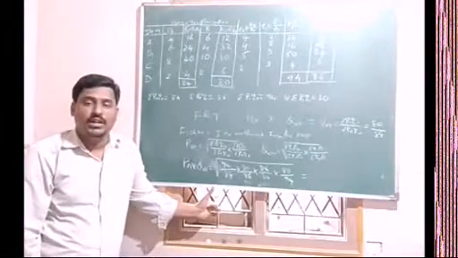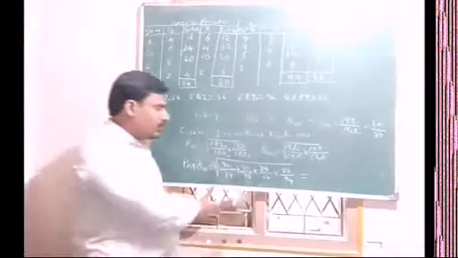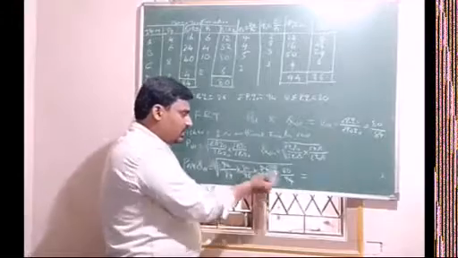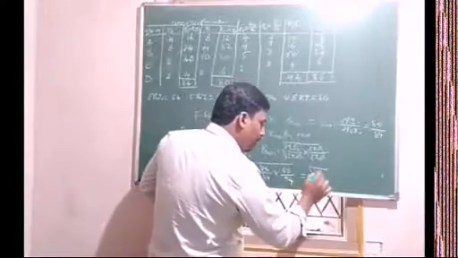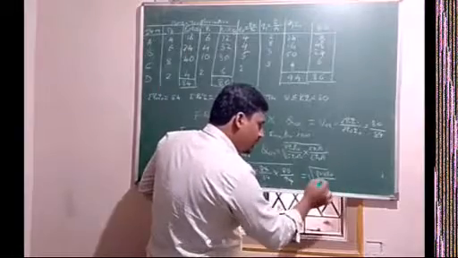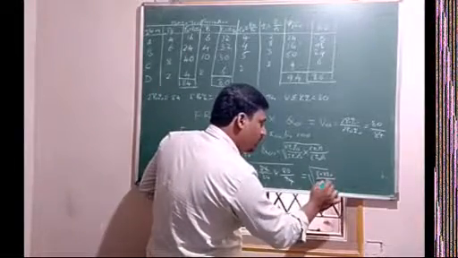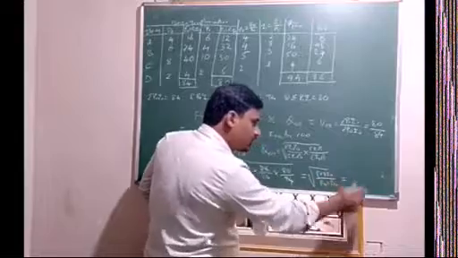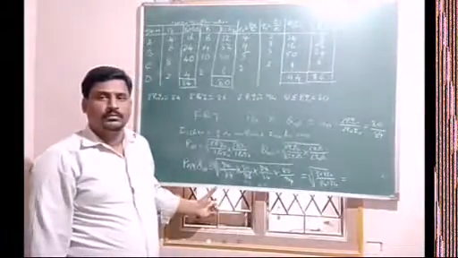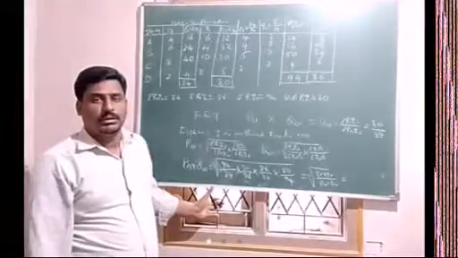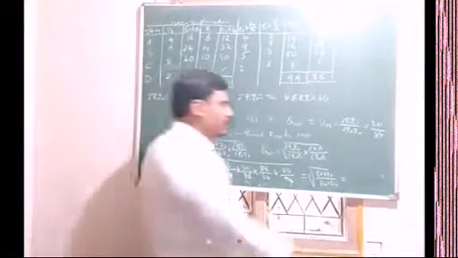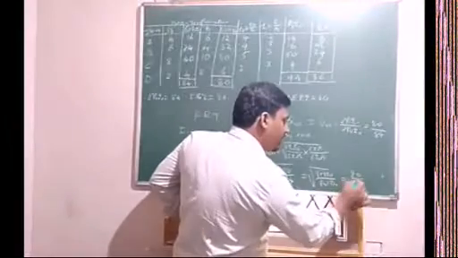Then what is left in the formula? 80 into 80 in the numerator and 84 into 84 in the denominator. So we get 80 into 80 divided by 84 into 84, and if you take it outside the root, we get 80 divided by 84.